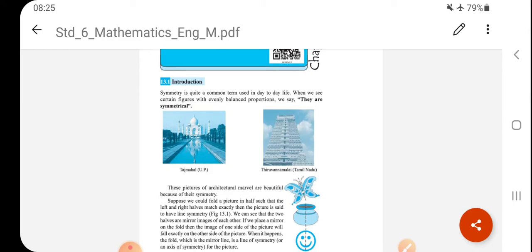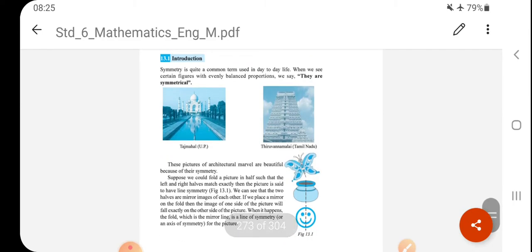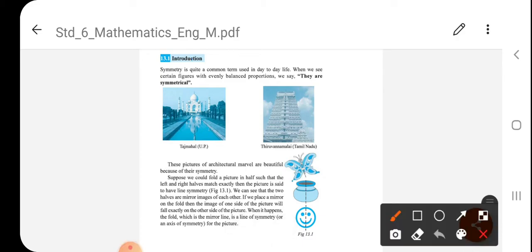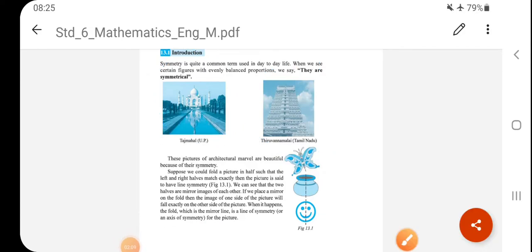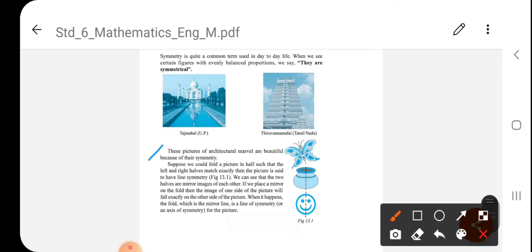And here you can see some pictures are given. Taj Mahal. This is a picture here. Tiruvannamalai of Tamil Nadu. These pictures of architectural marvels are beautiful because of their symmetry.